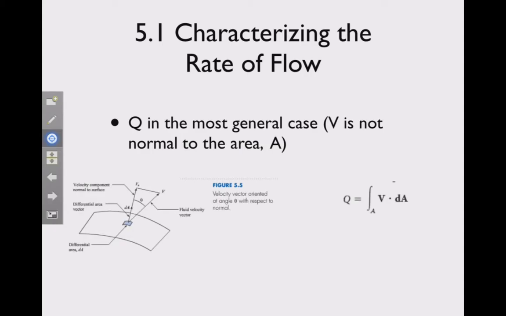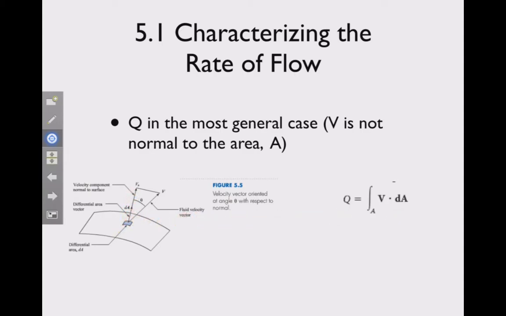Now, in the most general case, here's the general velocity vector. The velocity vector may not even be normal to the cross-sectional area that we're interested in. And in that case, we would have to determine the dot product to determine the flow rate through this surface. So in the most general case, we have the velocity field dotted with the dA, and so basically we're finding the component.